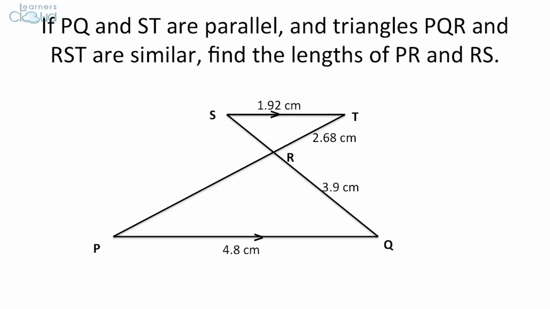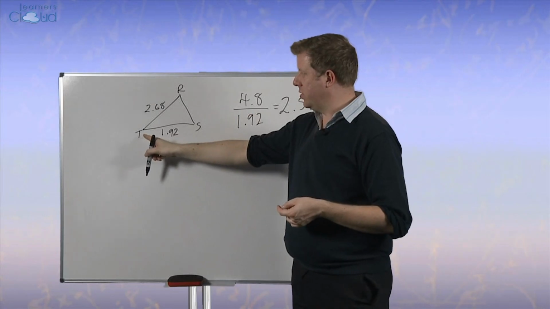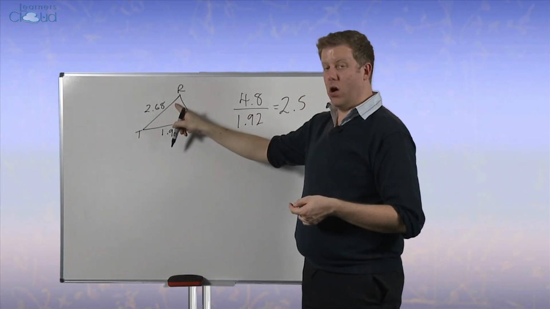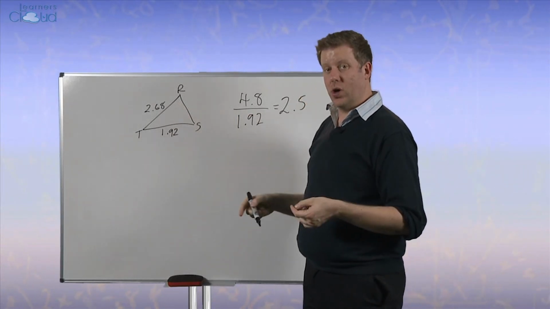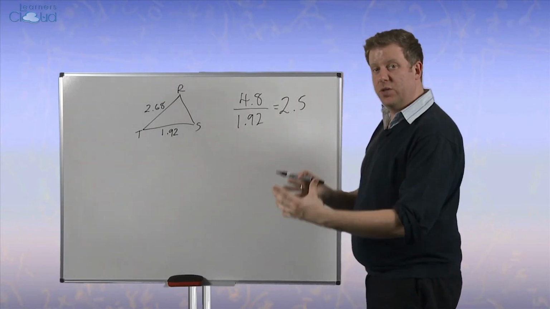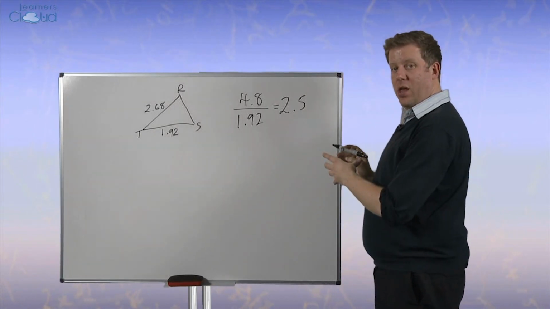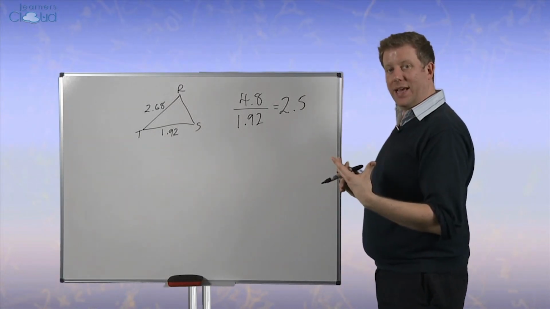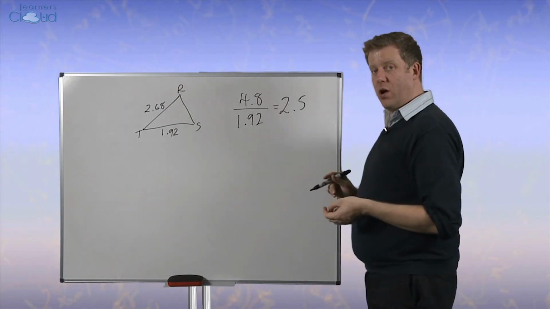Now, the lengths they want us to find are PR and RS. So PR is that line there that joins P to R, and it also corresponds to the line T to R that we have on my smaller triangle. So I'm going from smaller triangle to larger, so I'm going to multiply that length that I have by 2.5.